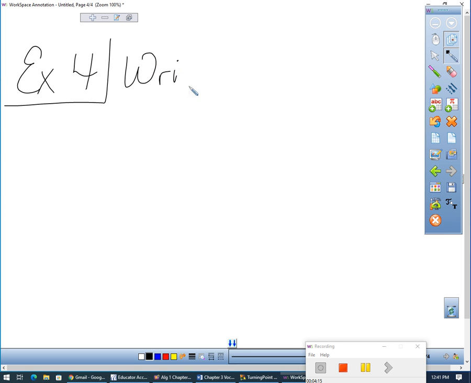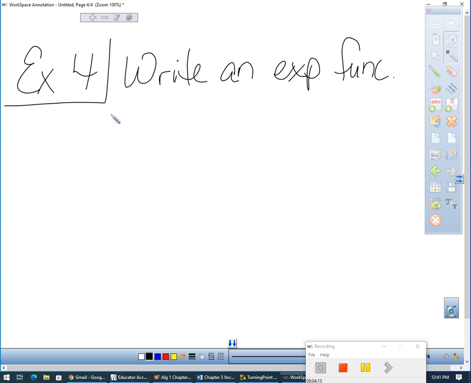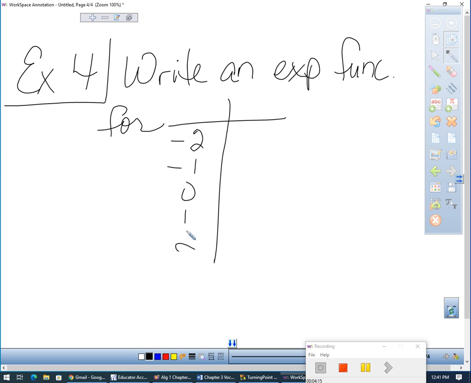Write an exponential function for, and how about if I give you a beautiful table? Let's do -2, -1, 0, 1, and 2.